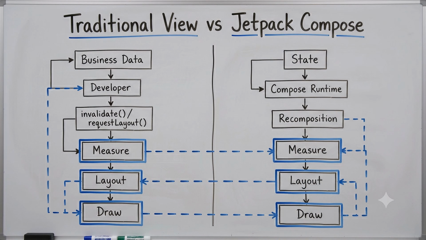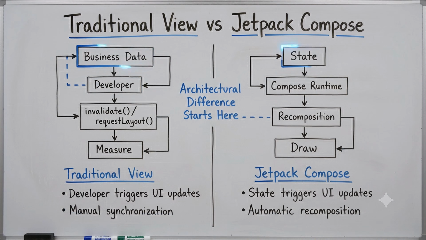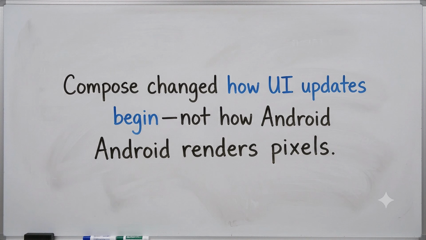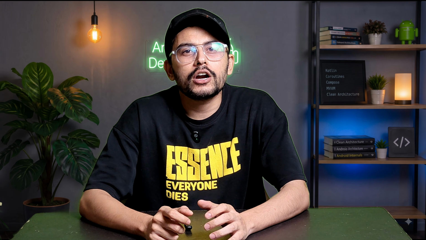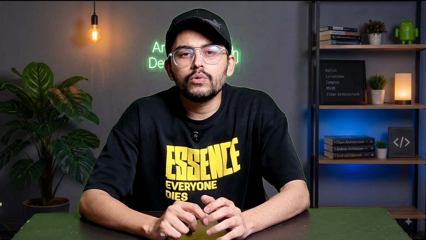Notice that measure, layout and draw haven't disappeared. Compose still relies on Android's rendering pipeline to display the interface on the screen. The real architectural change happens before the rendering begins. Instead of developers manually deciding which view needs to be updated, the Compose runtime automatically determines which parts of the UI are dependent on the changed state, recomposes only those portions, and then hands the updated UI to the rendering pipeline.